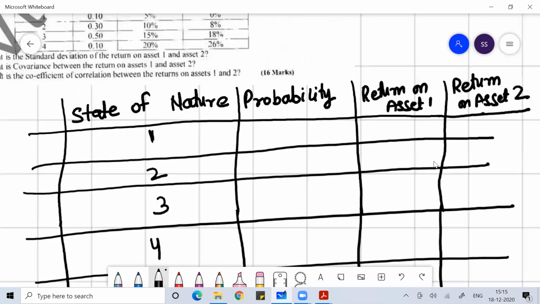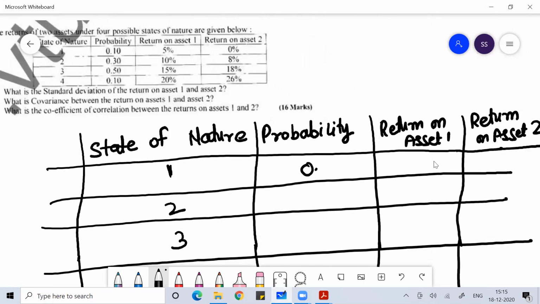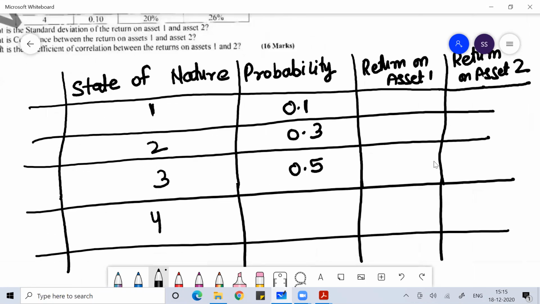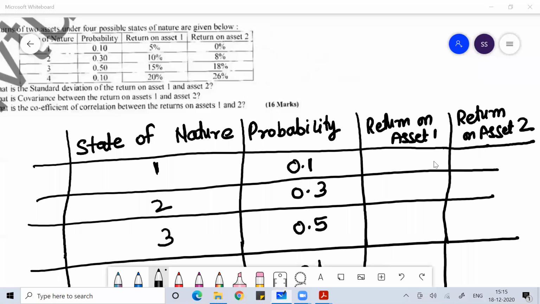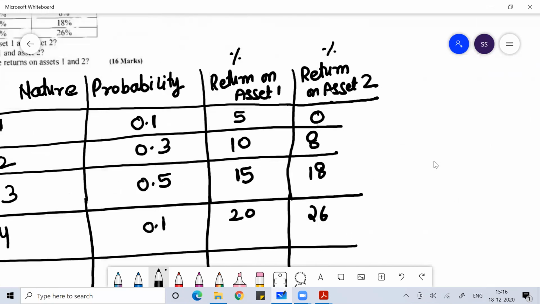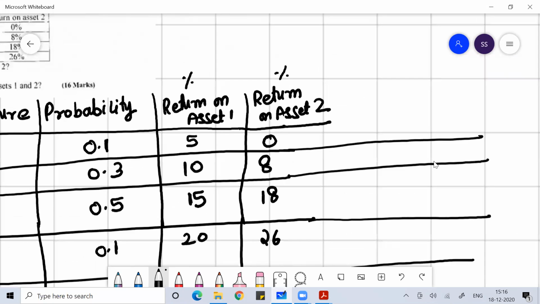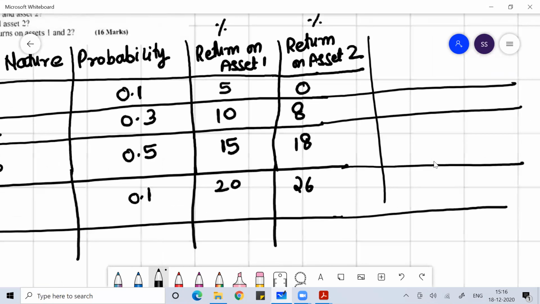Probability is given to you as 0.1, 0.3, 0.5, 0.1. All data are in percentage, so I'm not writing the percent sign. Return on asset 1 is 5, 10, 15, 20, and return on asset 2 is 0, 8, 18, 26.